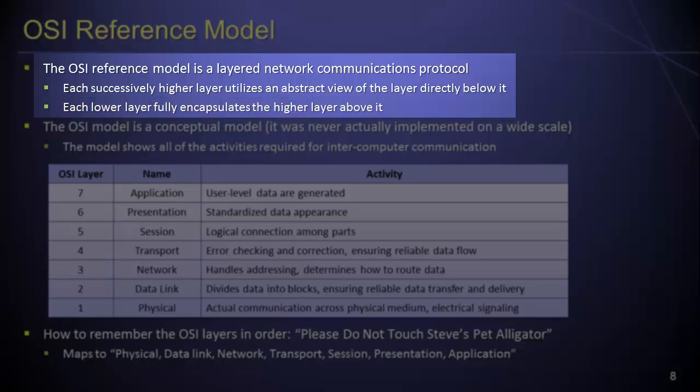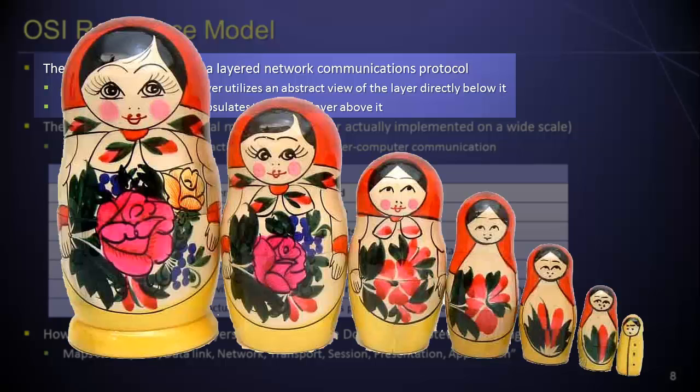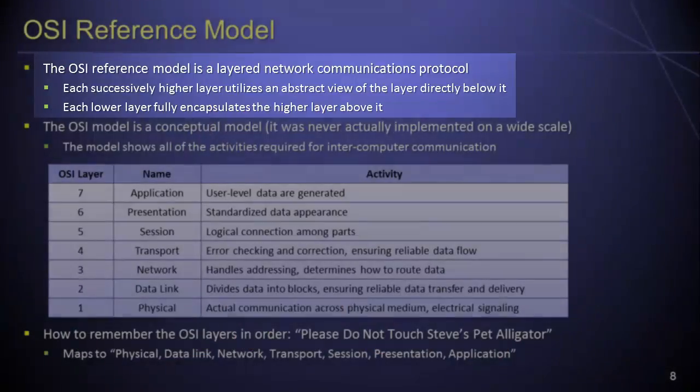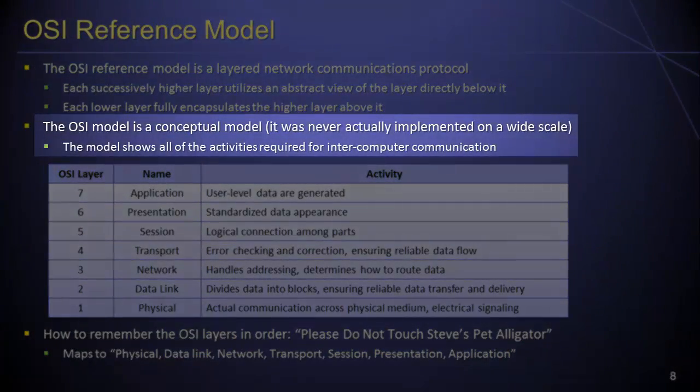Visually, the encapsulation of successively higher layers by lower layers within the OSI model is similar to Russian Matryoshka dolls. The OSI model itself is a conceptual model. That is, it was never actually implemented on a wide scale. Nevertheless, the model allows us to see all of the activities required for intercomputer communication.